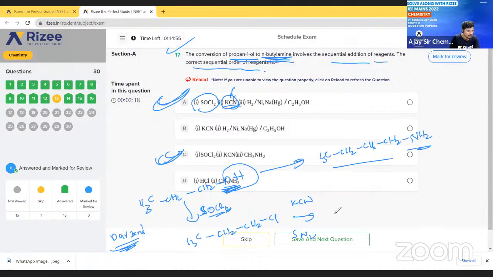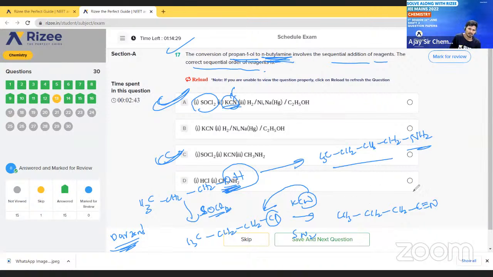In KCN, it will produce CH3, CH2, CH2, and the CN will go and attack here. At the place of chlorine, which is removed, CN will attach. So C triple bond N will come here.